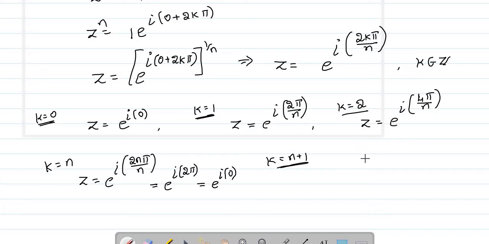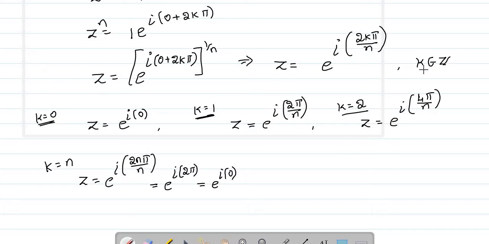Similarly, if you take k equal to n plus 2, this will be the same as the number obtained when k equal to 2. So if you observe that, there are exactly n distinct elements here.